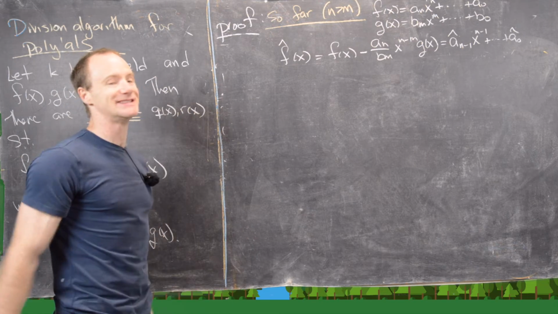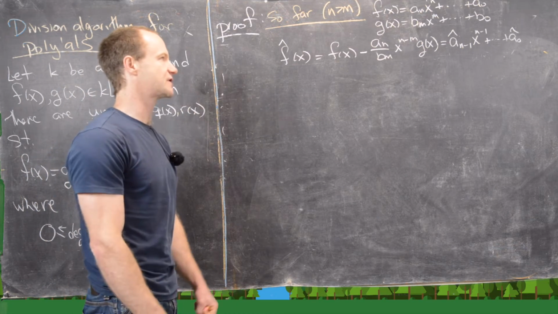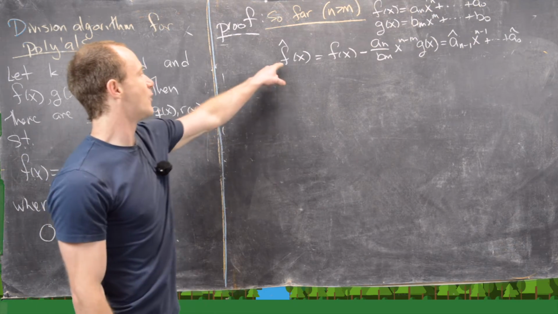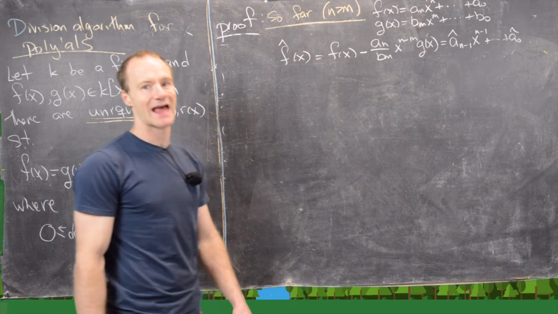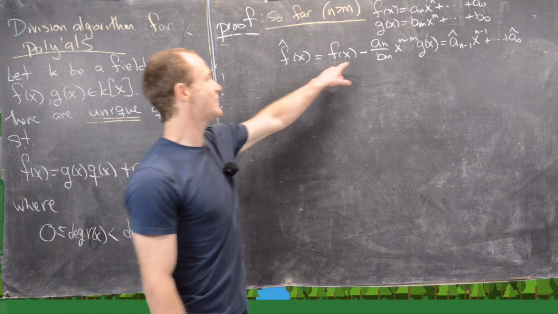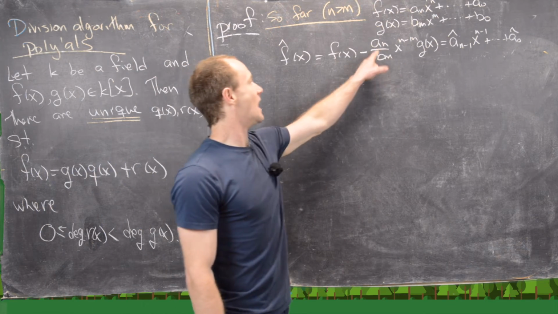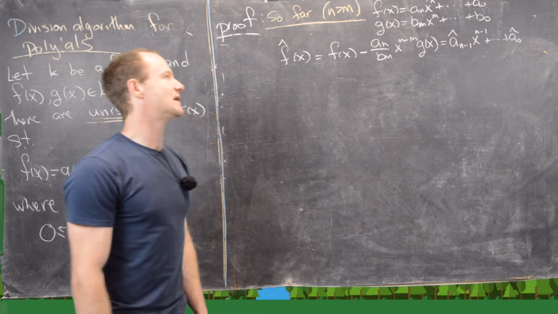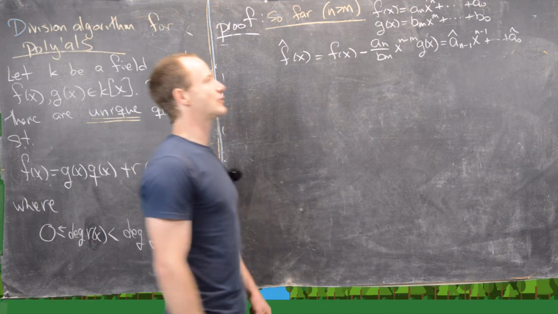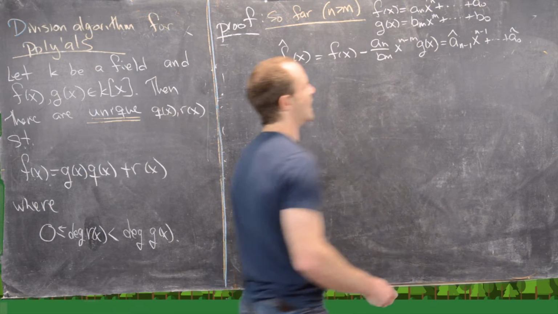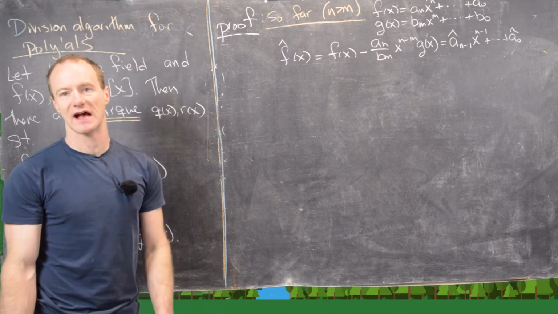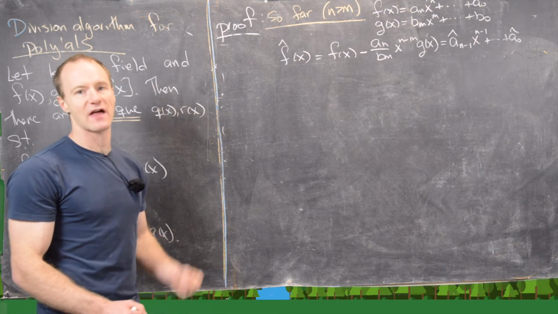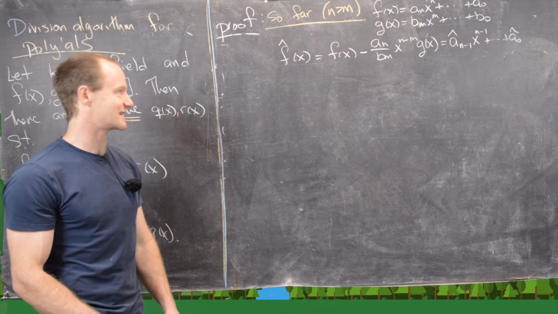And g of x is a degree m polynomial, starting with b m x to the m and then decreasing. And then we formed this object f hat of x, which is f of x minus a sub n over b sub m x to the n minus m times g of x. And we renamed those coefficients a hat n minus 1 x to the n minus 1 and decreasing. And we also argued why that thing has degree strictly less than n.